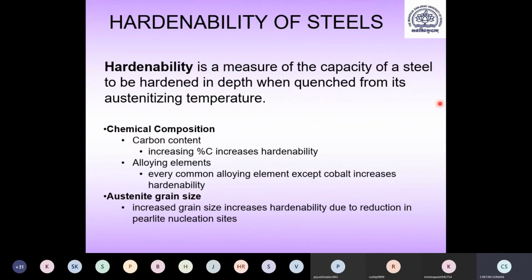You should remember this as the definition, and wherever the definition of hardenability is asked, you must write this definition. Don't just put that it is the ability to become hardened. It is the ability or capacity of a steel to be hardened, in depth, when quenched from its austenitizing temperature.